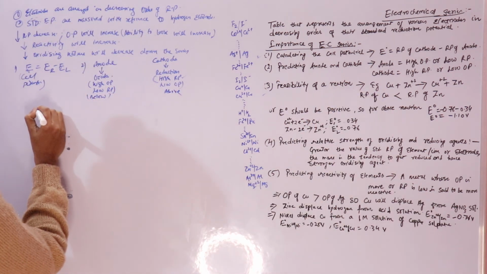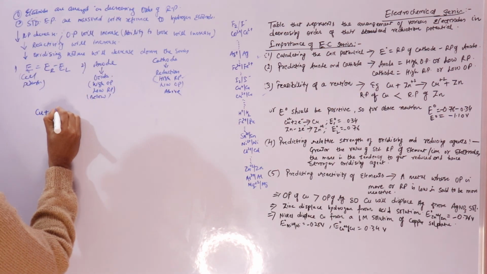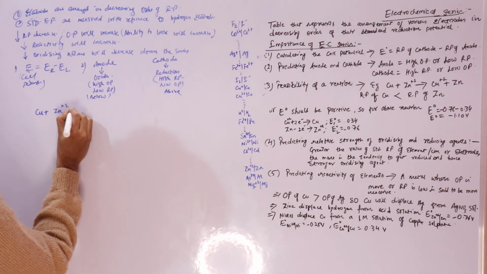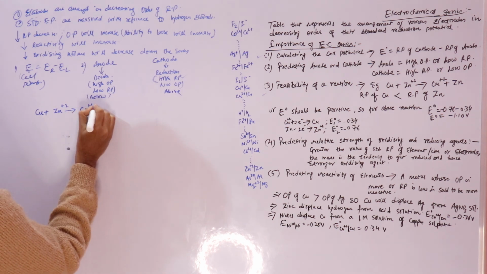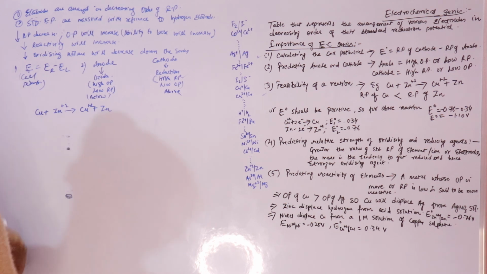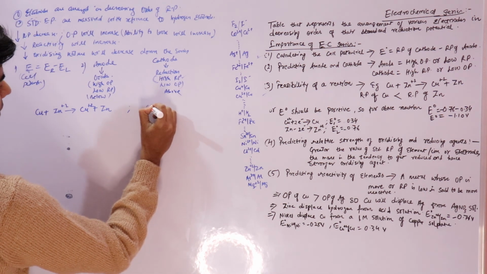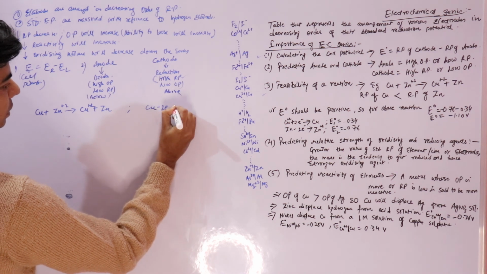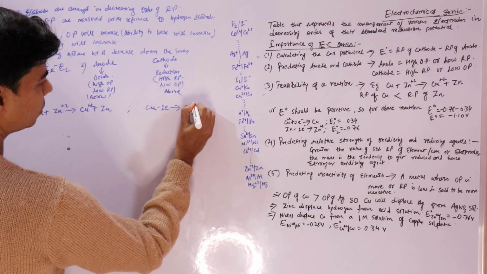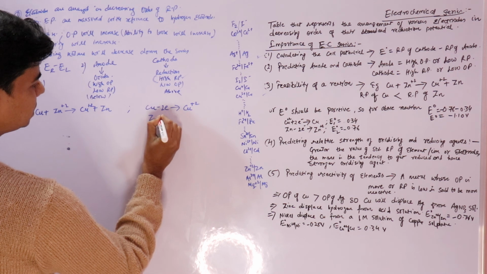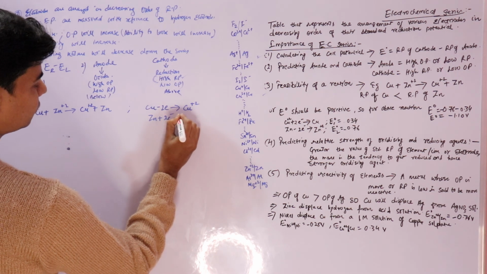If you are given a reaction, copper plus zinc ions, here if I break this reaction, copper is losing 2 electrons and forming copper ions, and zinc is gaining 2 electrons and forming zinc.